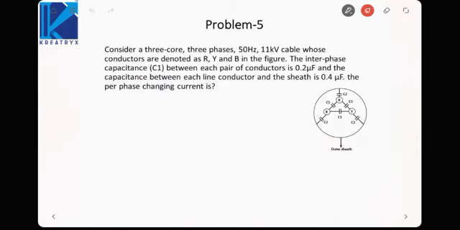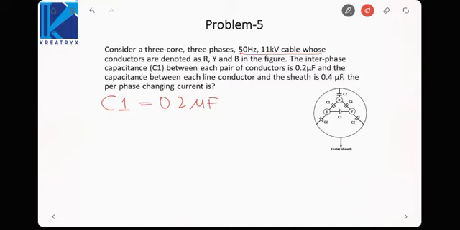In our next problem, it is saying consider a 3-core 3-phase 50 Hz 11 kV cable whose conductors are denoted as RYB. The interface capacitance between each pair of conductors is 0.2 microfarad, that is Cc is 0.2 microfarad.